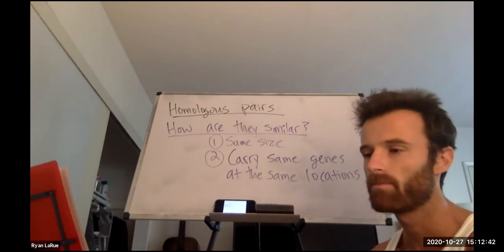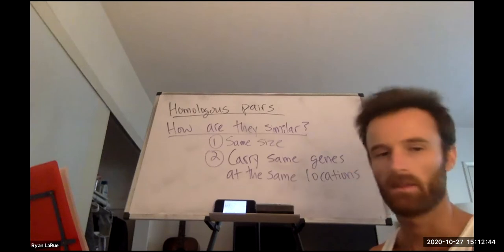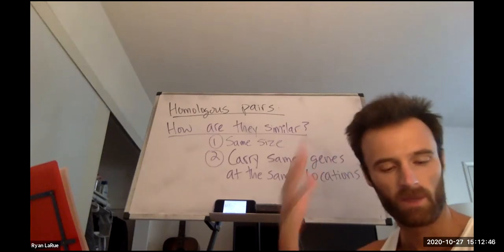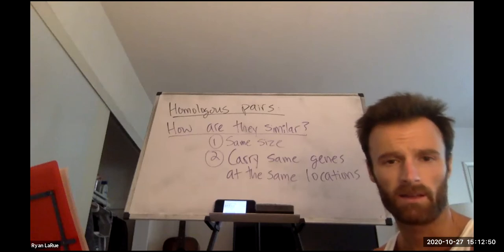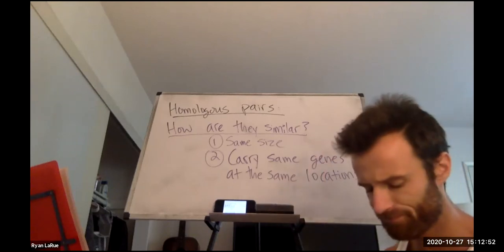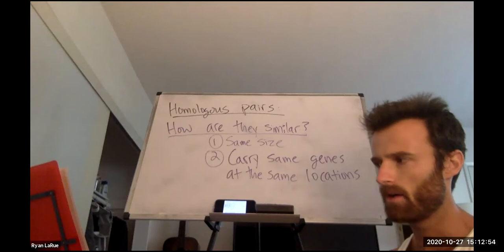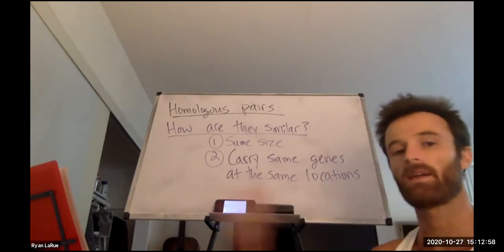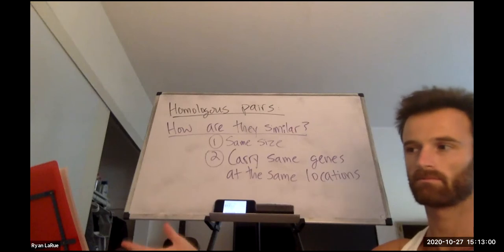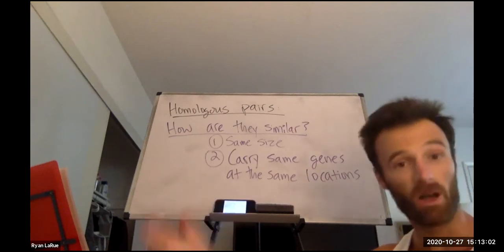I think my favorite example is hair color. The pigmentation for hair color and the gene for hair color. Now, I have brown hair, and let's say my friend Danny has blonde hair.